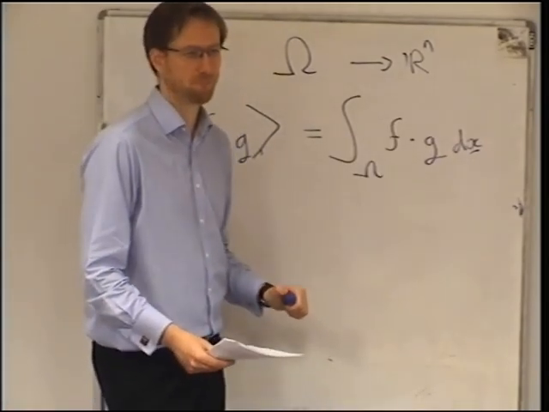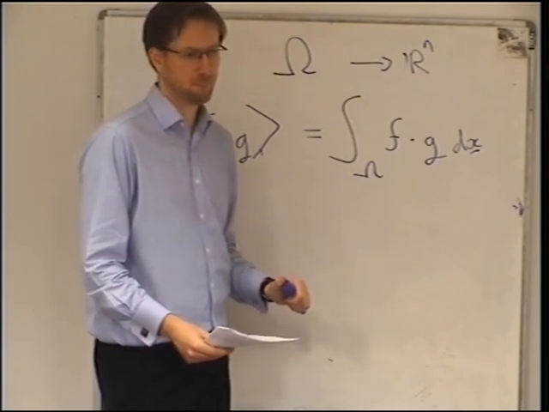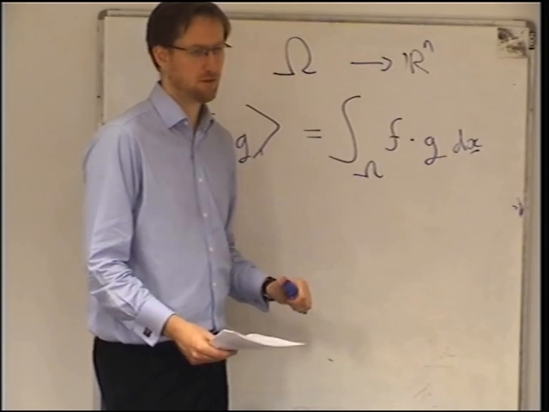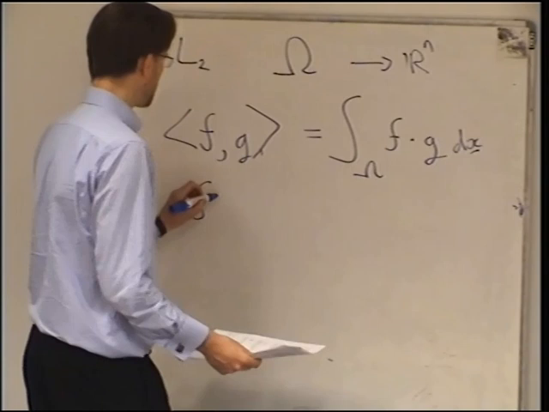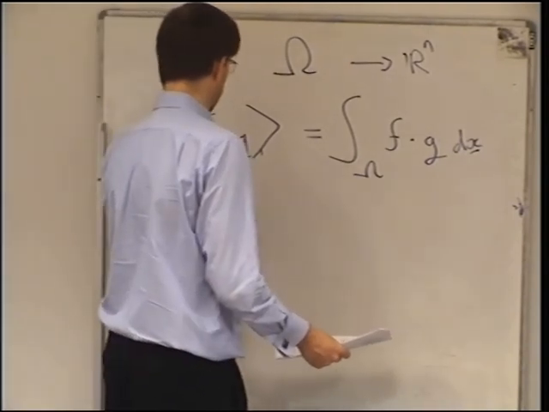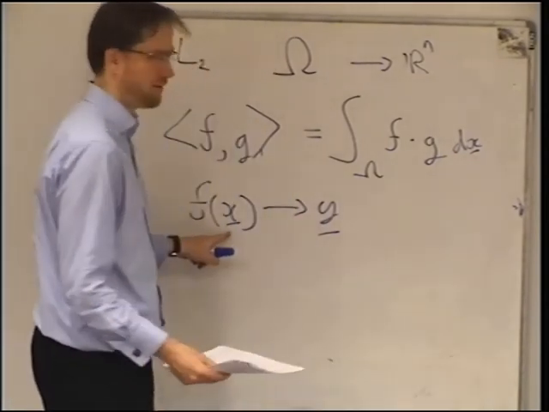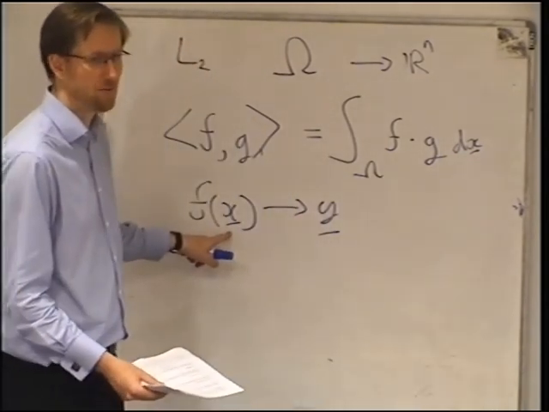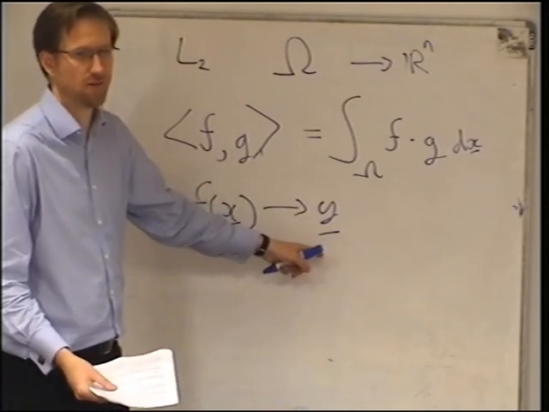When you apply a function to a vector, do you take the value of the vector and how do you apply it? So a function applied to a vector is just a thing where if you give me a vector, I give you something in the other space. That's just functions, right?